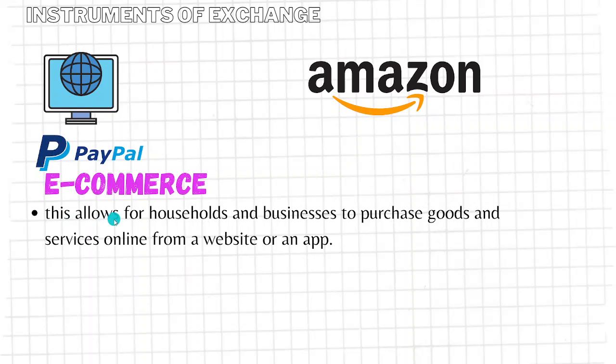This allows households and businesses to purchase goods and services online from a website or an app. One of the most well-known facilitators of e-commerce is Amazon. It's an online store, and you can buy almost anything from them.